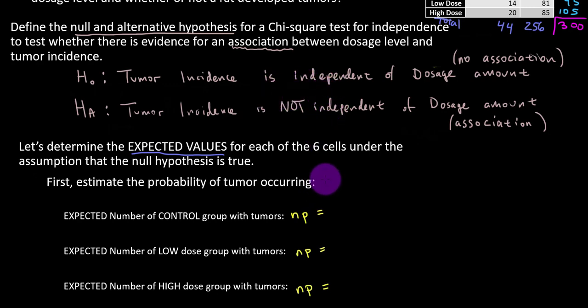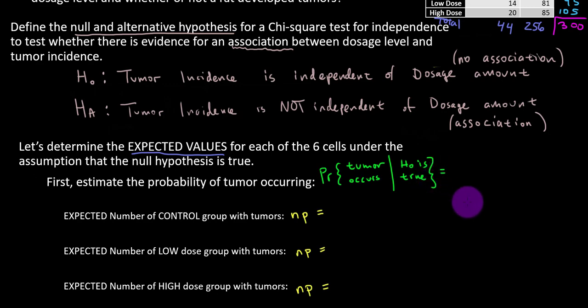Let's start with the p. What is p going to be? Well, this is the probability of a tumor occurring, given that the null hypothesis is true.